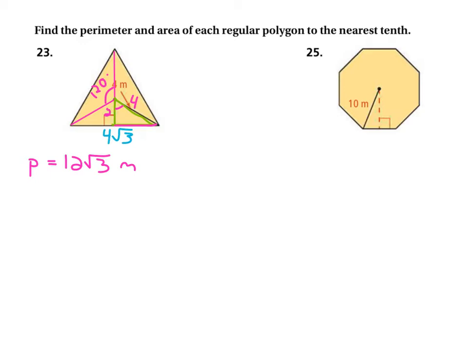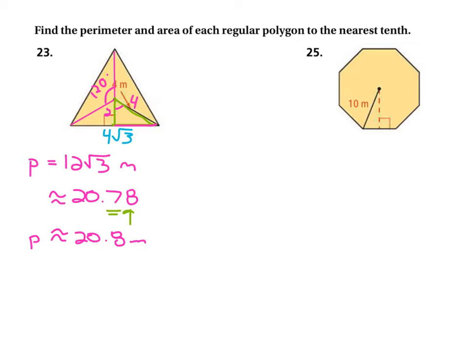So we could say the square root of 3 times 12 is approximately equal to 20.784. We're going to round to here. Is that 5 or higher? Yes, it is. So then the perimeter is approximately equal to 20.8 meters.